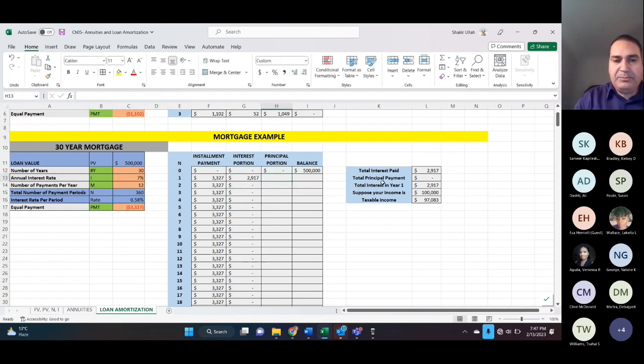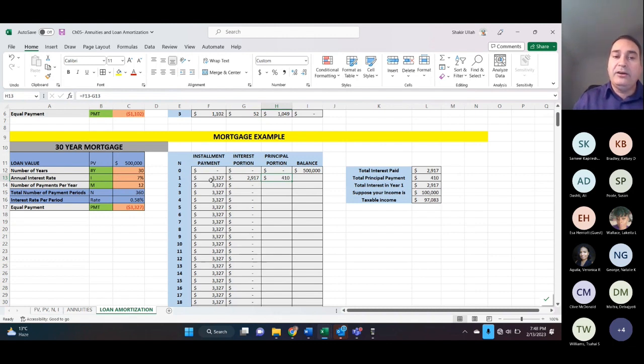And how much will be the principal payment? The principal is the remaining. So out of the $3,327, $2,917 goes towards interest, okay? And the remaining will go towards the principal. So only $410 is going to reduce my principal.